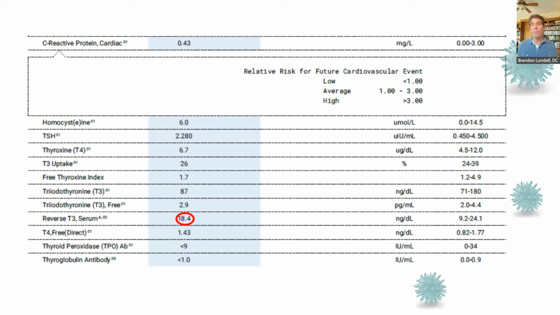That's one of my best inflammatory markers, actually. The evidence is unclear as to whether reverse T3 actually blocks regular T3. I think it can, but more importantly, it's a really good rule-in test for inflammation and a body really far into disease.